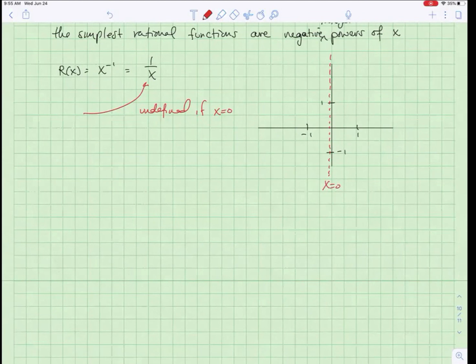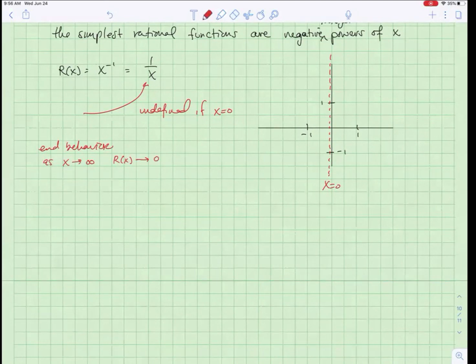As far as the end behavior goes, as x becomes very large, r of x has specific behavior. So I don't know what you guys know about fractions, but if you make the denominator large, the fraction gets small. And the larger the denominator gets, the smaller the fraction gets. And this tends towards 0.